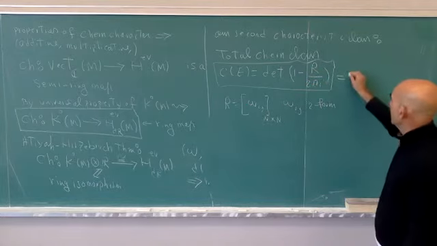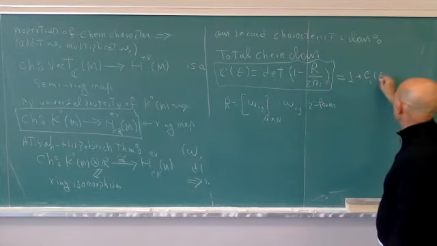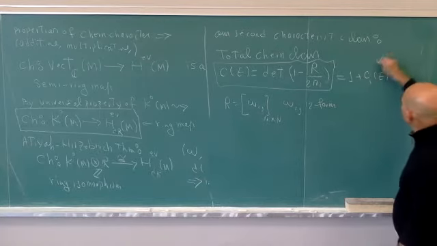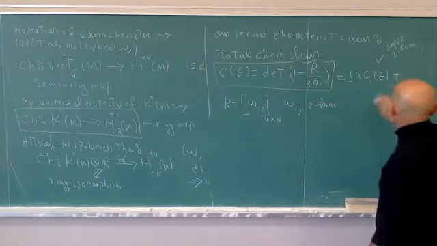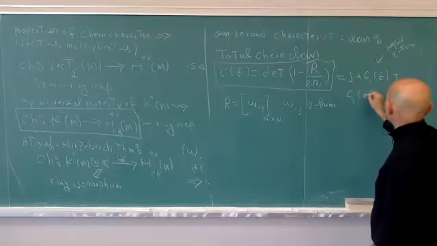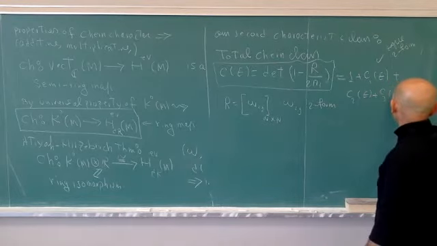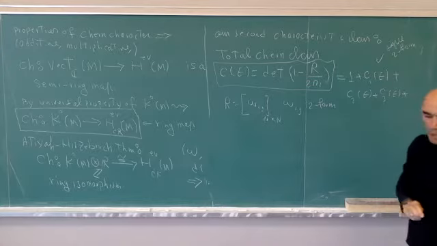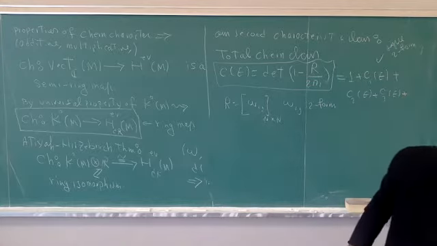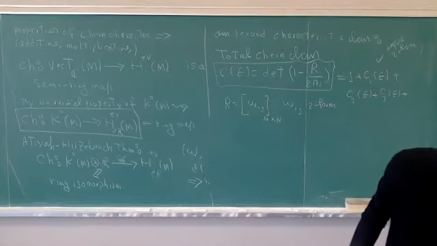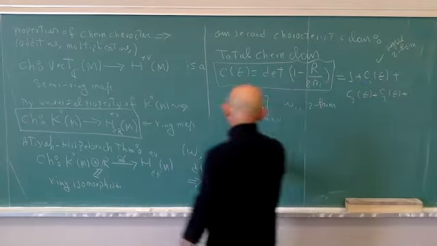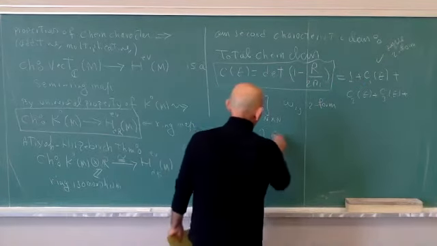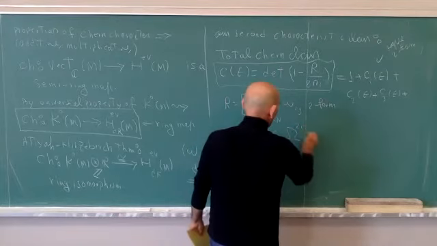There is a constant term 1, and then there is a term of degree 2, a two form c1(E), plus c2(E), plus c3(E), and so on, where each c_i(E) belongs to omega^{2i}(M).